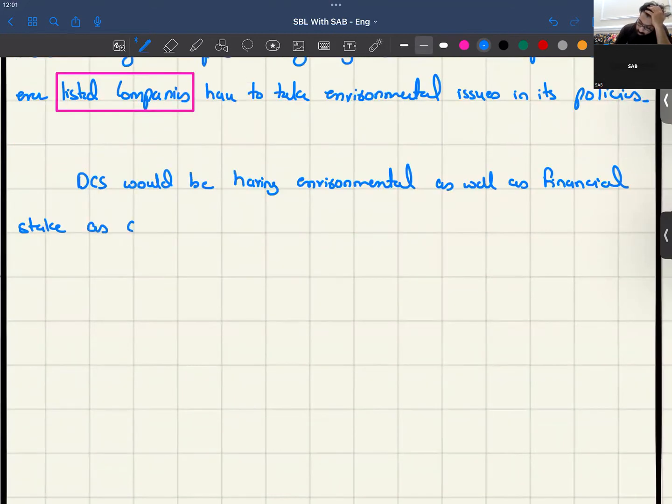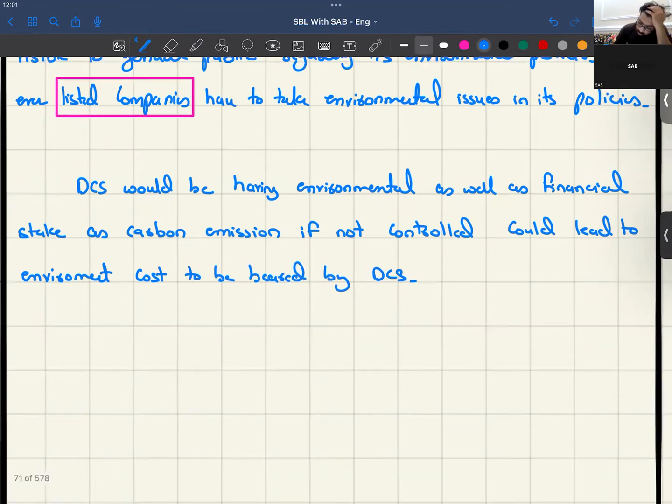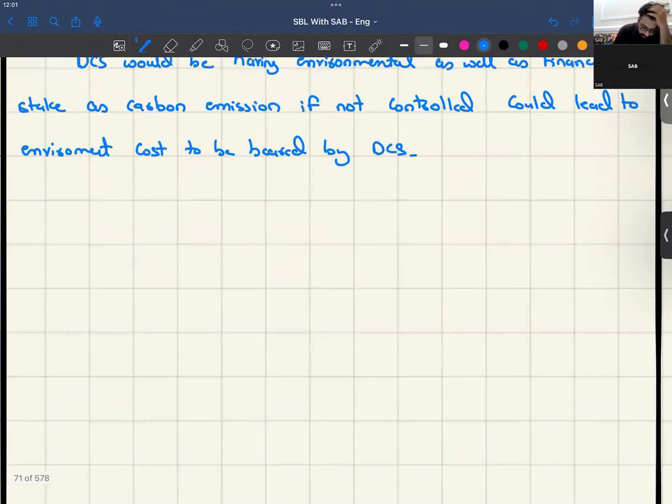As carbon emission, if not controlled, would lead to environment cost to be borne by DCS, right?